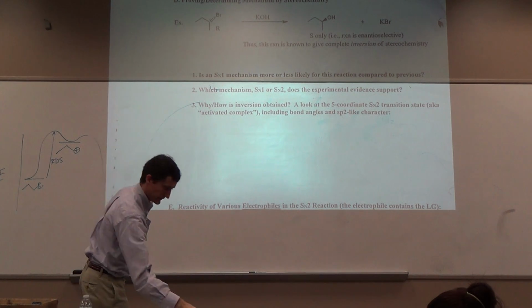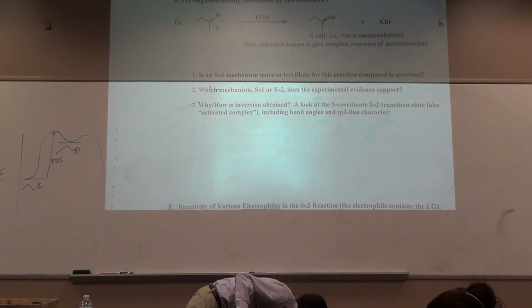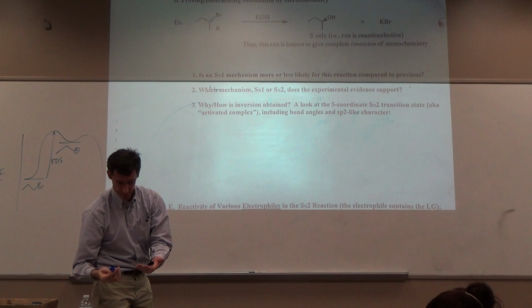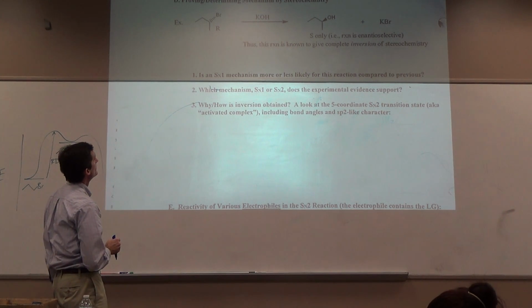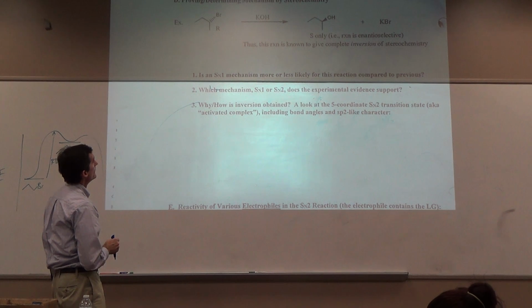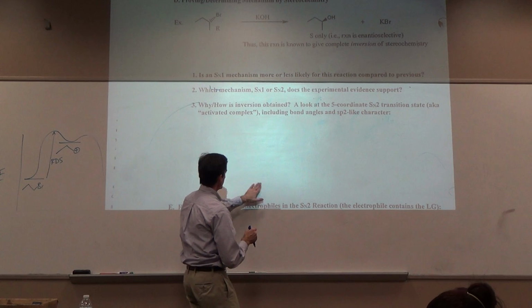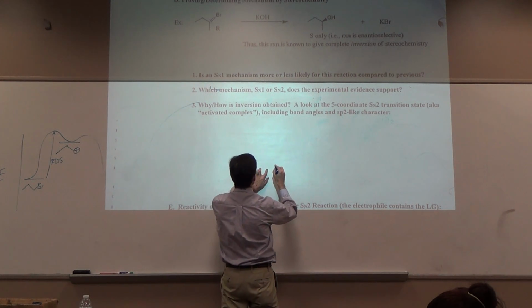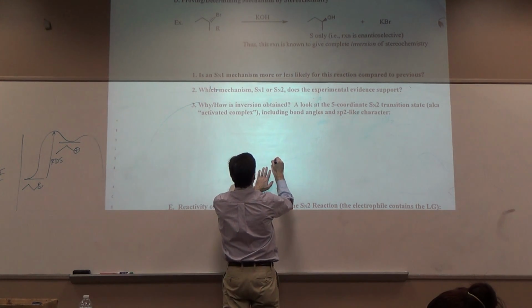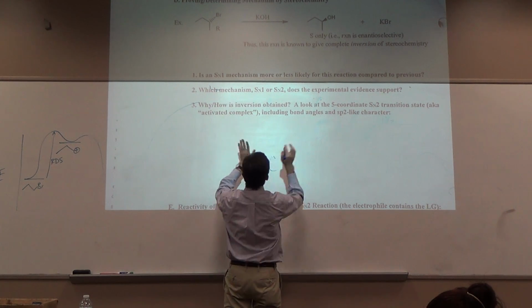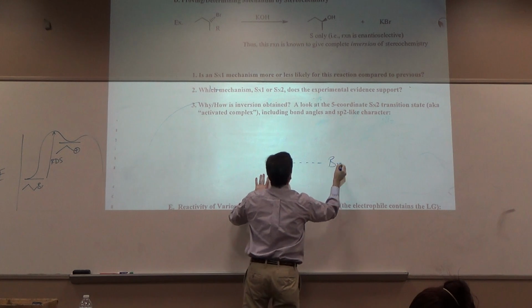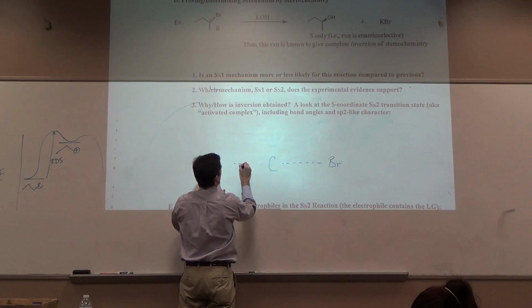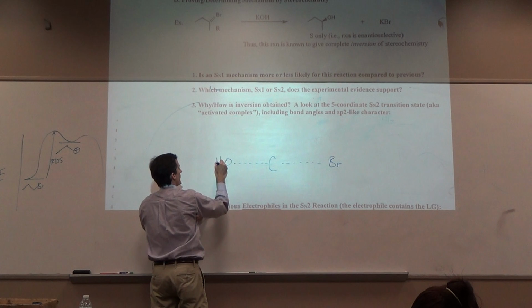See if I can do it without looking at my notes, if I can get the bonds right. Let me draw the transition state. We're going to have a bromine leaving, and a hydroxide coming in.